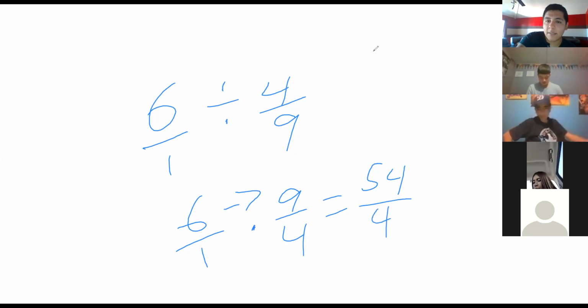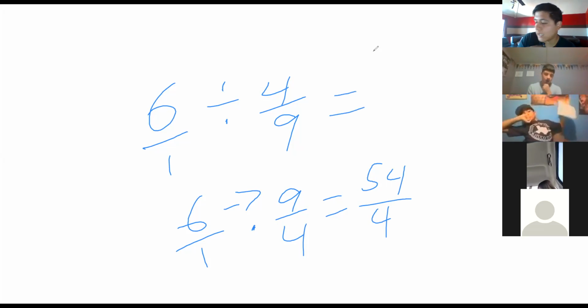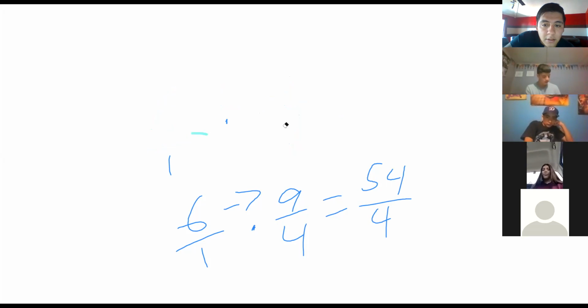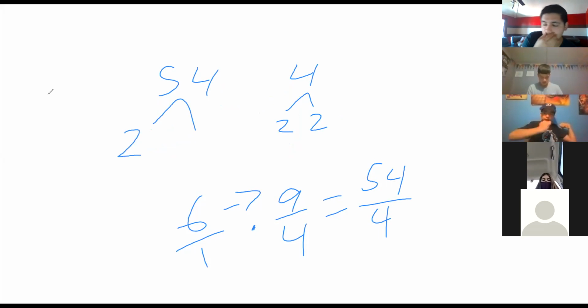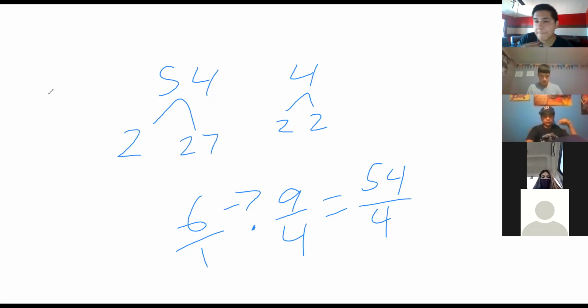This will reduce. Actually, let's go ahead and do this one. Remember 54 and 4. 4 is easy, we can divide that by 2 and we're left with 2. 54, we can divide that by 2, and we're left with 27. So what's our common factor? 2.